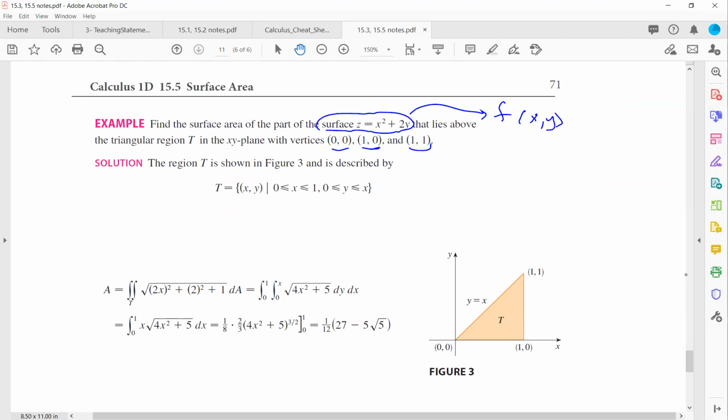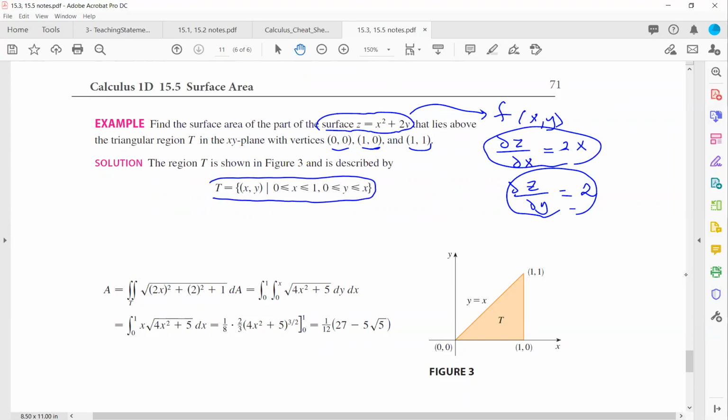Taking partial derivatives, easy. 2x, just 2. What is our goal? Our goal is to find our region, T.